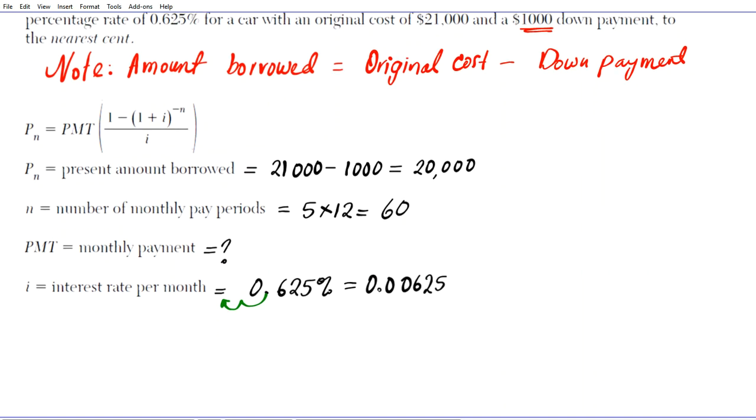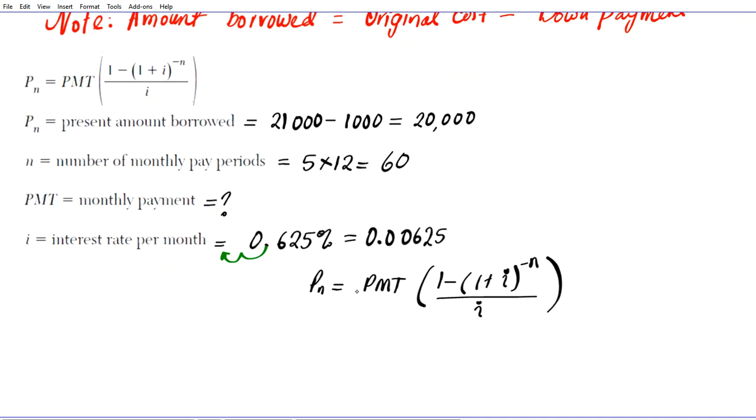Alright, let's go ahead and compute the car payment. Let's just rewrite the formula. The formula is P sub n equals PMT times (1 minus (1 plus I) to the negative n) over I. What we're going to do is plug in what we know and find what we need.